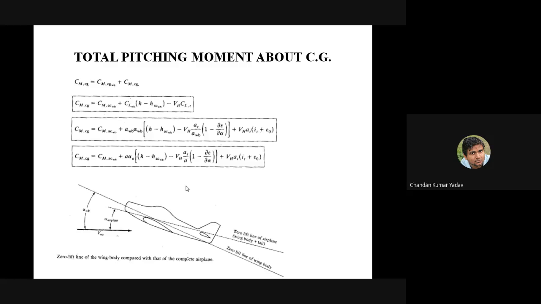Yes, sir. By putting lift value equal to 0, sir. Yes. So if alpha is 0, then this term will go out. Right now. Yes, sir. So what are the 2 terms there? This one and this one. Yes, sir.